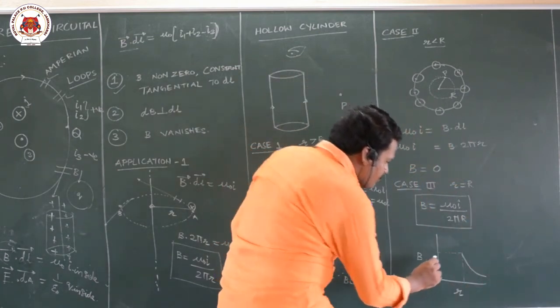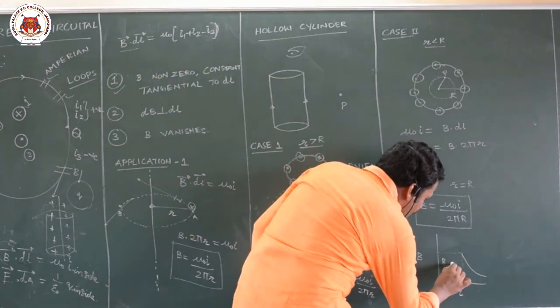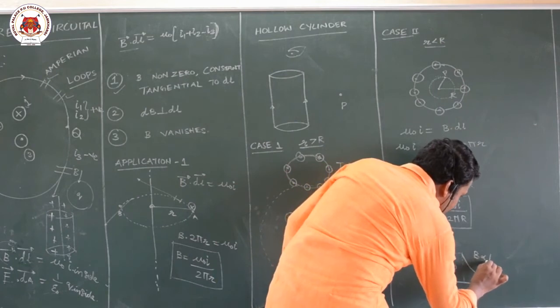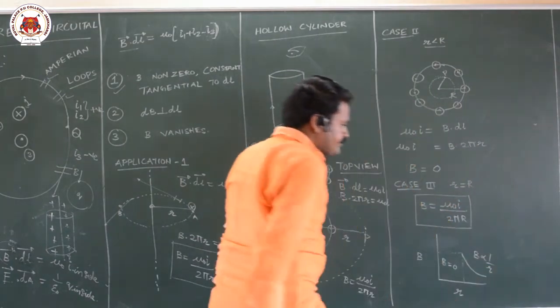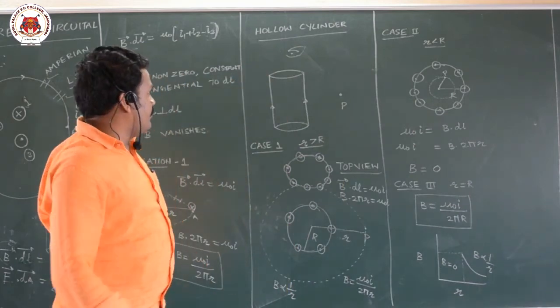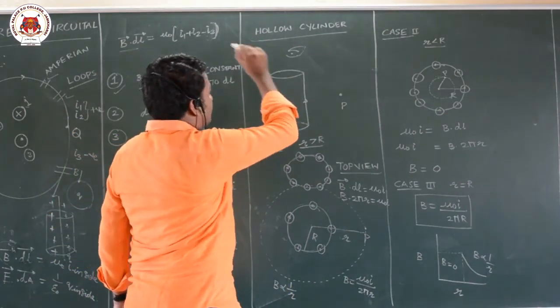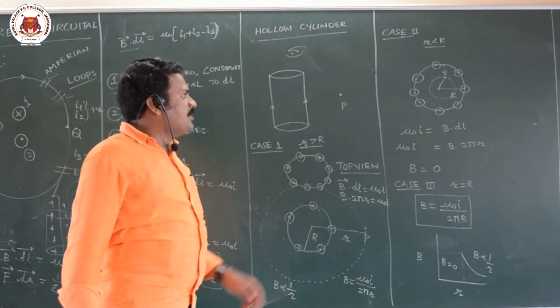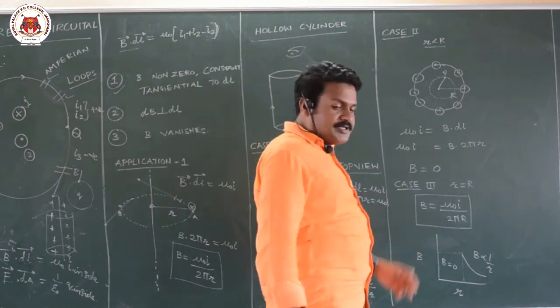Here B is 0, but here B is proportional to 1 by r. This is the condition. This is about the magnetic field of a hollow cylinder when you are outside the point, when you are inside, and when you are on the surface.